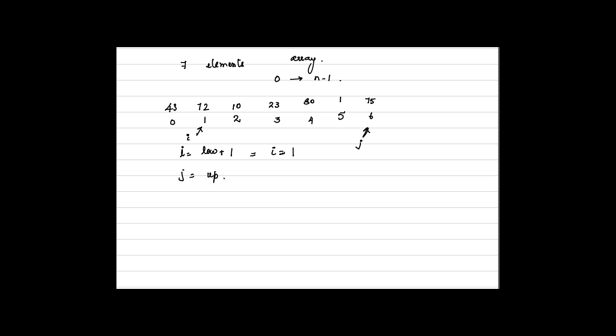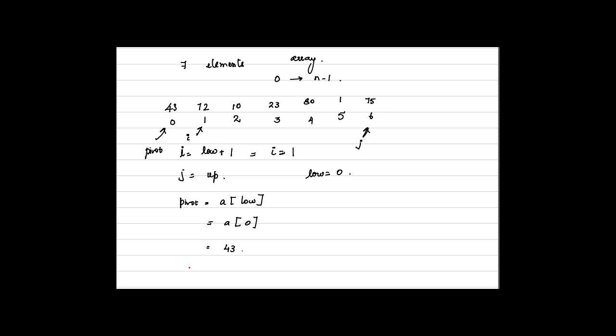So J will now point to 6. Our pivot element will be assigned to A of low. A of low is nothing but A of 0, because low is 0 initially. Hence our pivot element will be 43. So the pivot element is 43.